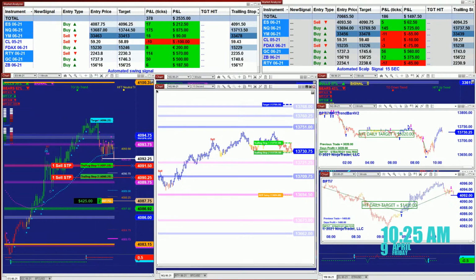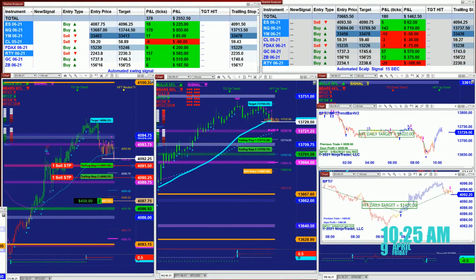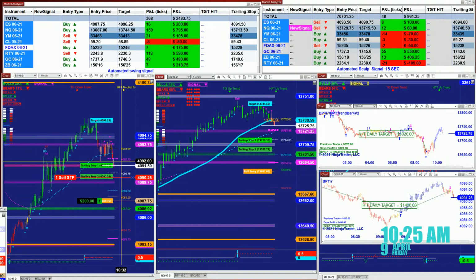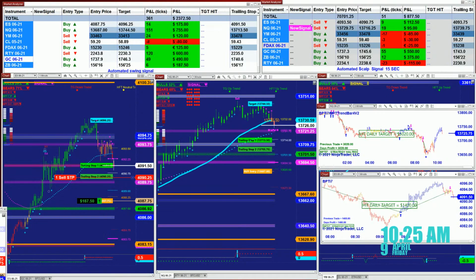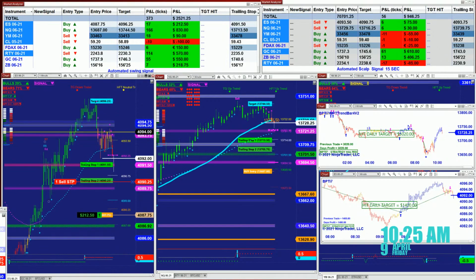So we are done with the Nasdaq trade, and we took one of the trades out, and the scalper started firing a short trade, and the Nasdaq fired a short trade, and I still think it's too early for the short.